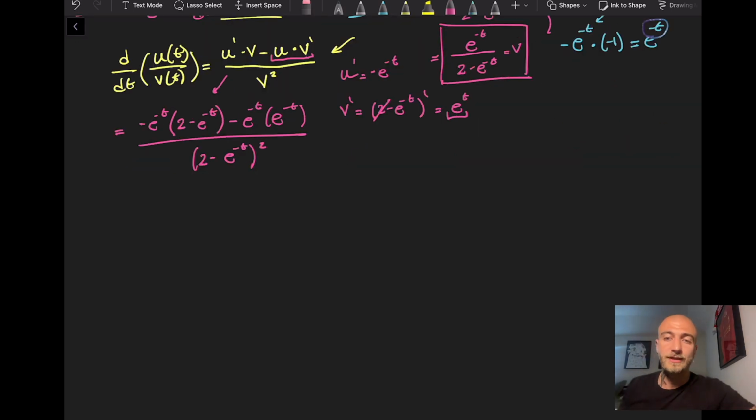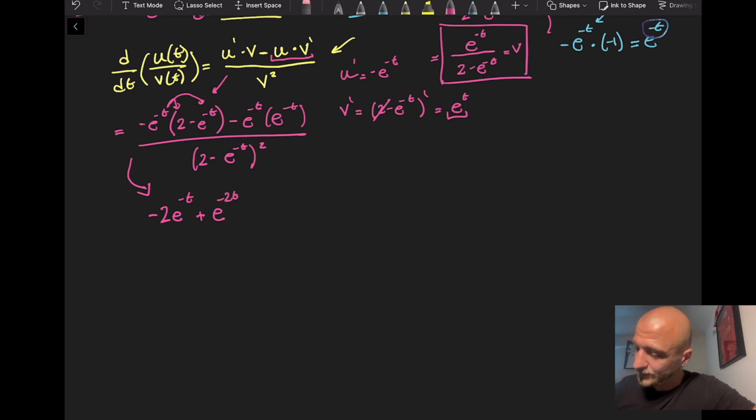Now that we've plugged into our quotient rule, we can start simplifying. The nicest thing we can do is distribute out this e to the negative t. So we end up with negative 2e to the negative t plus, a minus and a minus make a positive, e to the negative 2t, and then these two terms would be minus e to the t times e to the negative t, which gives us an e to the negative 2t. We're going to see that those two terms cancel themselves out.